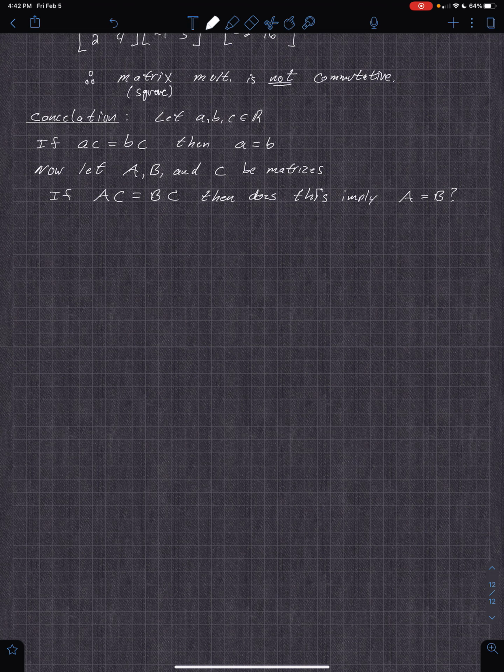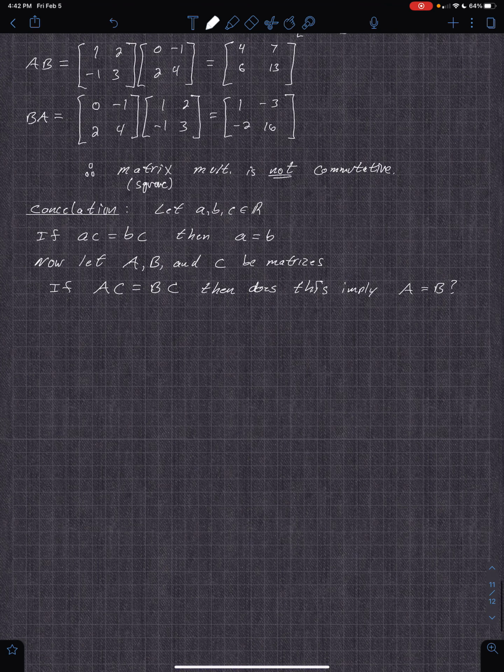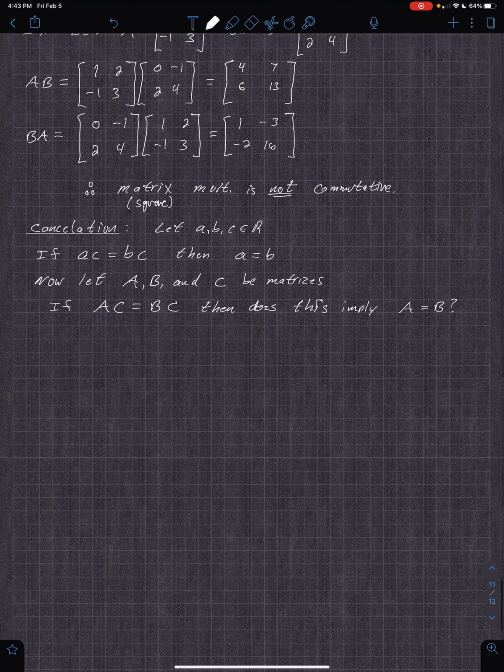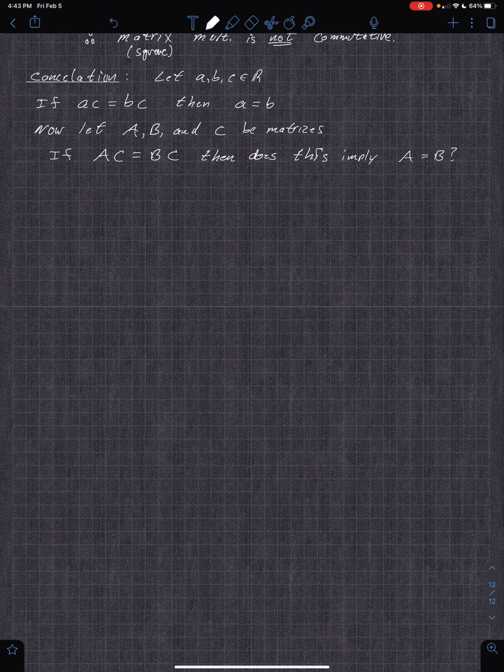Well, I did another example. So let's use this example to show that. You might already have an intuition about that. So let's do an example here. To prove something is true for everything, you need to do some techniques in general.